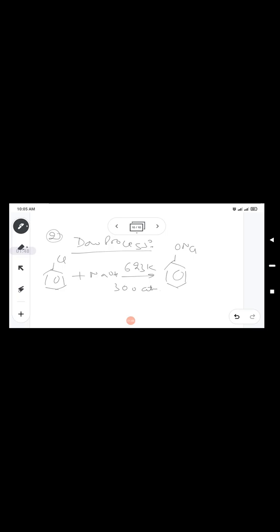Sodium phenoxide ion is formed, which upon treating with HCl gave rise to phenol. So if you are asked how will you convert chlorobenzene into phenol, then you can use this reaction.